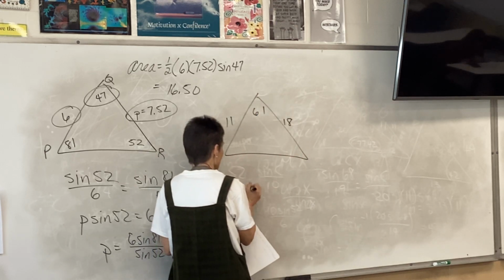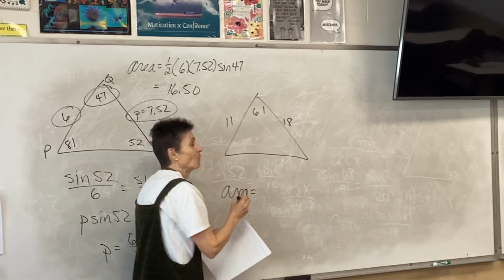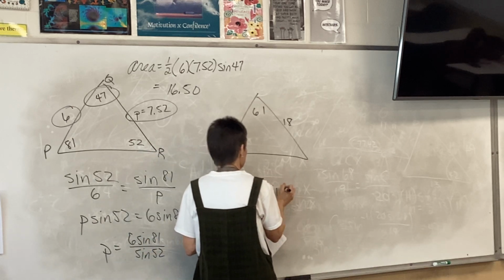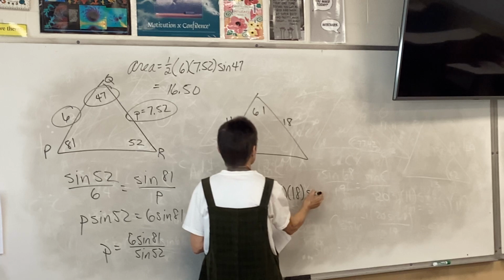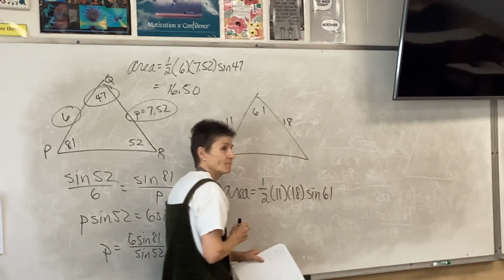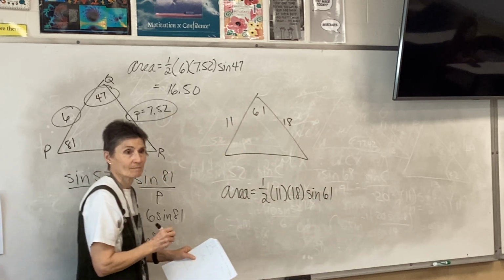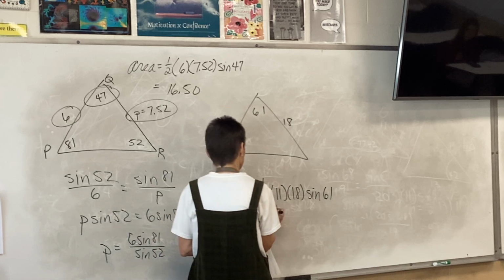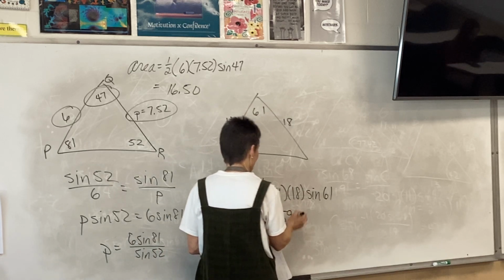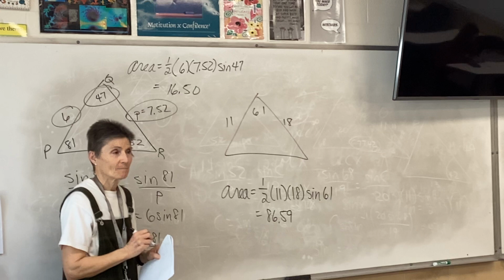How do we find the area of this? 1/2 times 11 times 18 times sine 61. 86.59. Confirmation. Yes. Perfect.